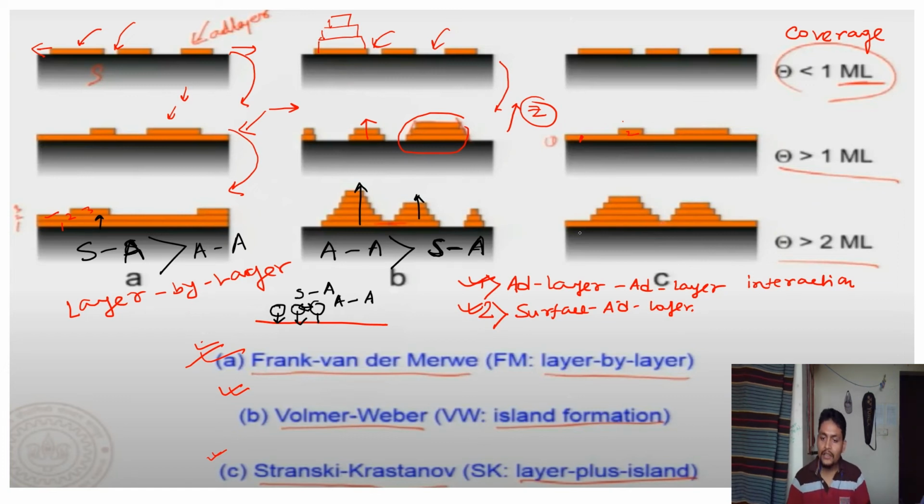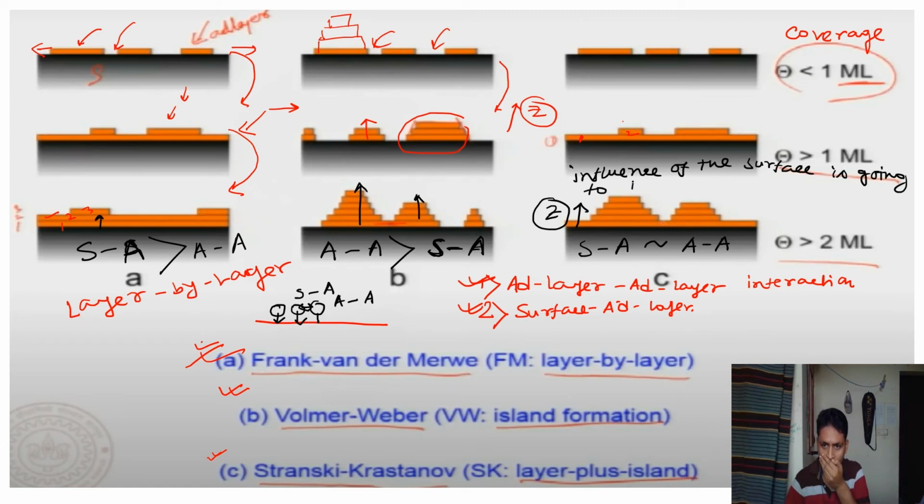But in case of Stranski-Krastanov, the surface adsorbate and adsorbate interactions are kind of similar. Whenever you move in this z direction, the influence of the surface is going to decrease, right?